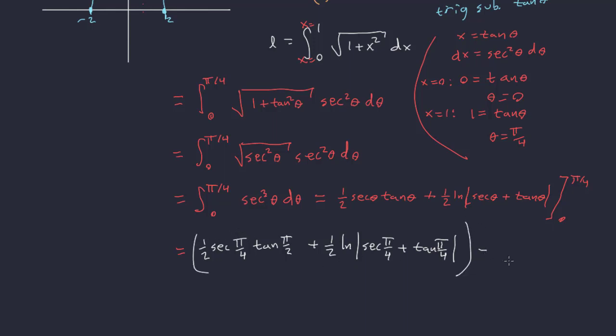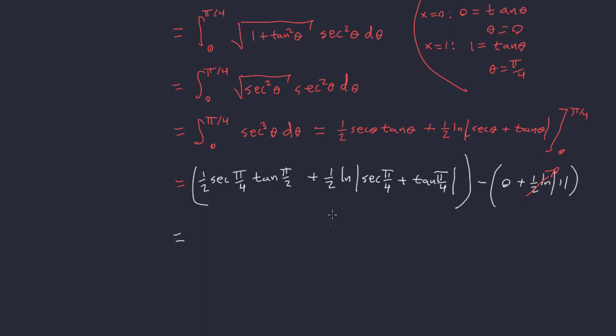For the 0, tangent of 0 is 0, secant of 0 is 1. So the first piece will be 0 plus 1/2 natural log of secant, which is 1, plus tangent, which is 0. So this will be natural log of 1, which will also be 0. Okay, so we really only need to focus on the first part here.